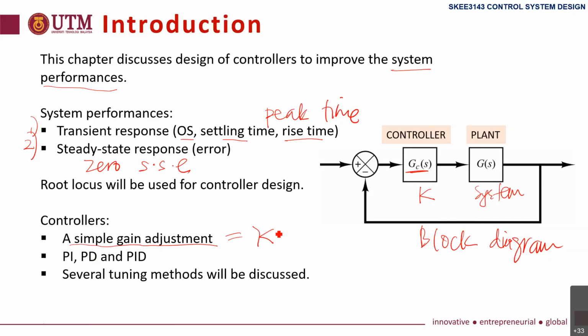And in order to design in this course, we will utilize root locus. That's why root locus is taught in chapter 1, then we proceed with controller design by using root locus. But for your information, there are many other techniques which can be used to design a controller.